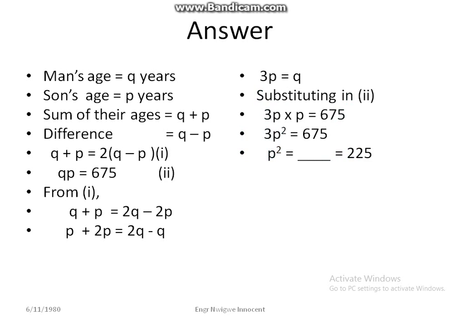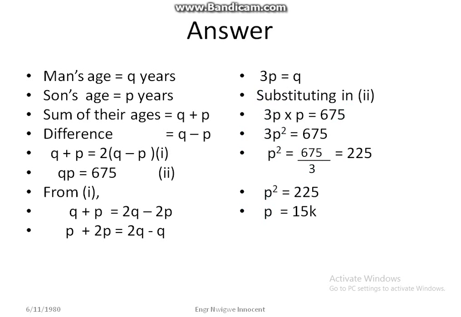Therefore, p squared is equal to 675 over 3, which gives us 225. P squared is equal to 225. P is equal to 15, because square root going over to the other side, we now have the square root of 225.